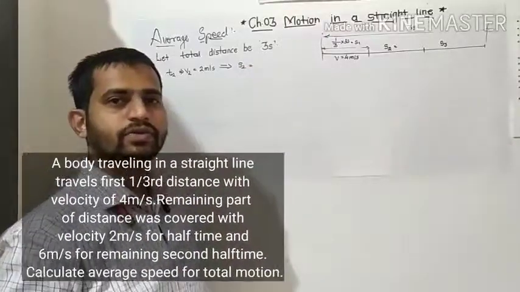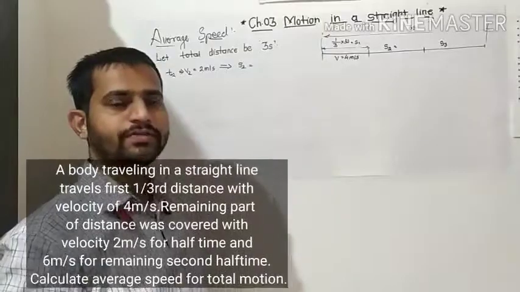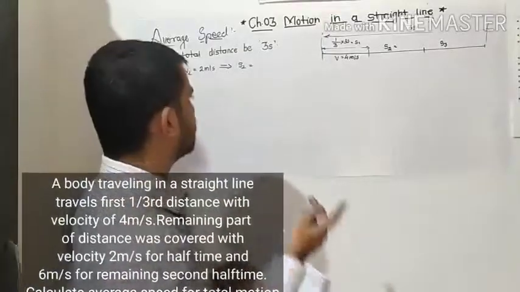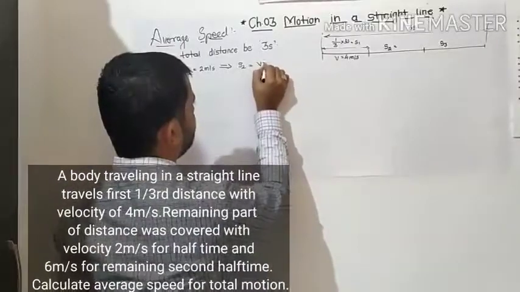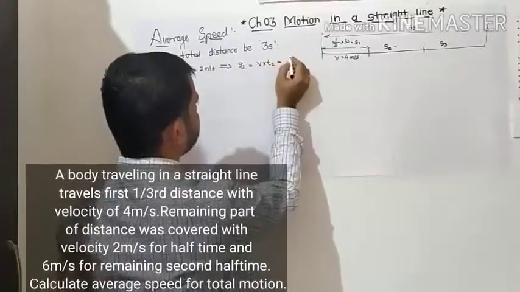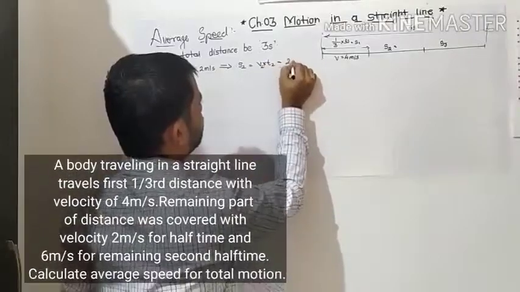Distance is equal to velocity, speed, into the time, so it will be V2 into T2, so it will be 2t.